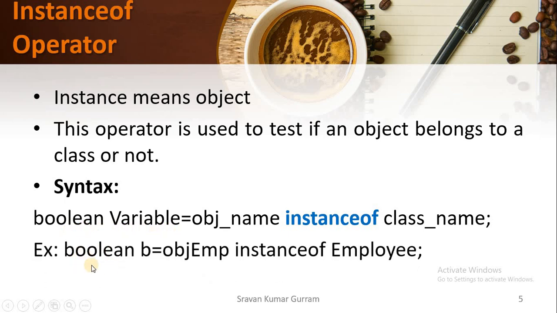See the example. Boolean data type, variable name is b, assignment. In this example, object name is objEmp, instanceof operator, class name is Employee. So if this objEmp is an object of the Employee class, this instanceof operator returns true and that will be assigned to the variable b.